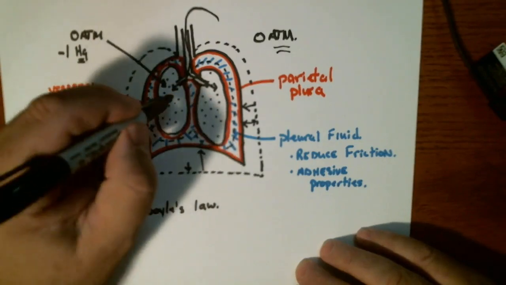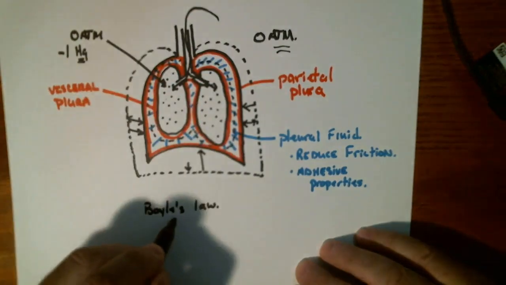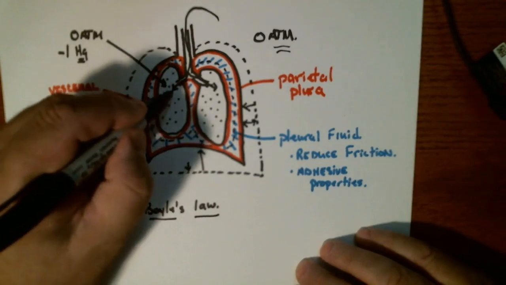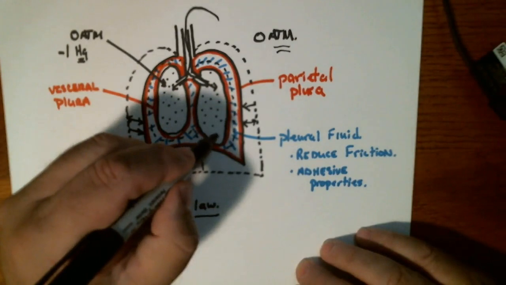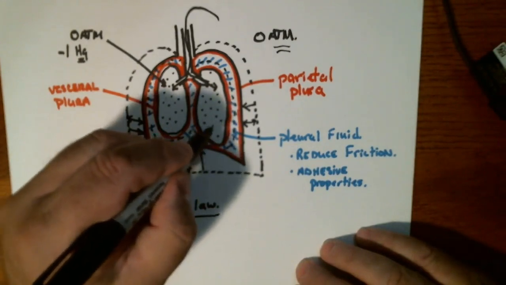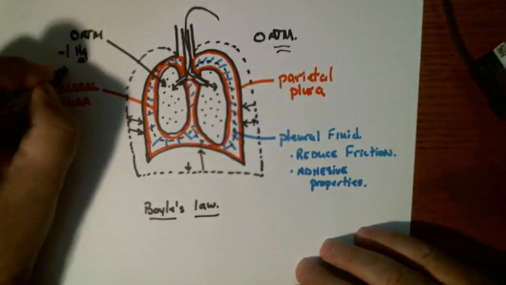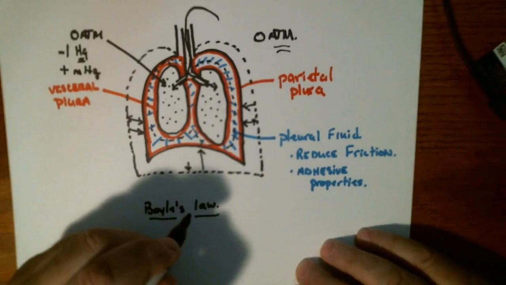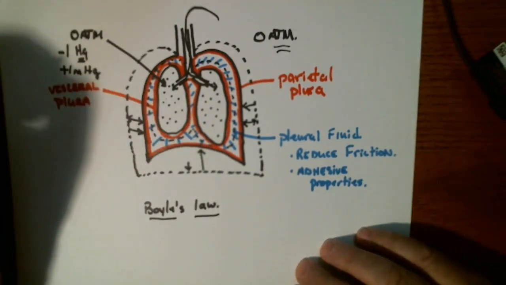And what's going to happen? Now you have all these air molecules in here, and think about the Boyle's Law diagram again. They're all going to get squeezed more tightly together. And as they get squeezed more tightly together, the pressure inside the lungs is going to go higher than the pressure outside the lungs by, let's say, +1 millimeter of mercury.